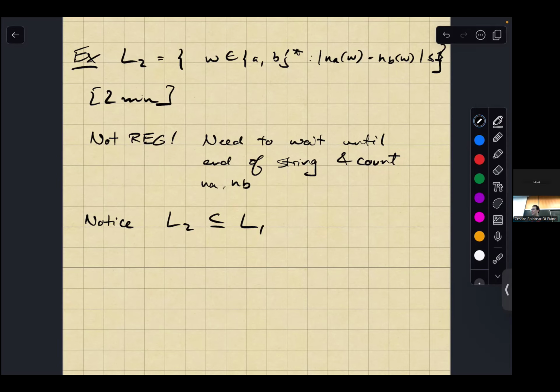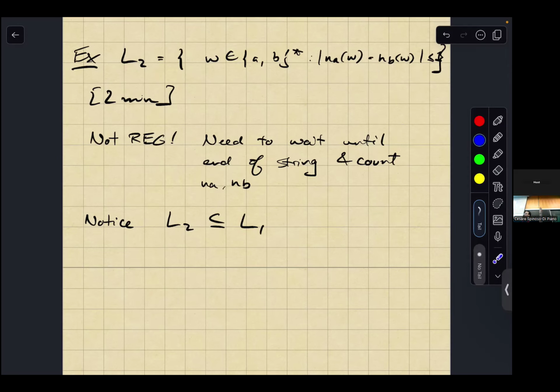You don't like this analogy? Is it like L1 in L2? No, because you could have a string in L2 that has just A's and then just B's, but then the count goes down to plus 1.